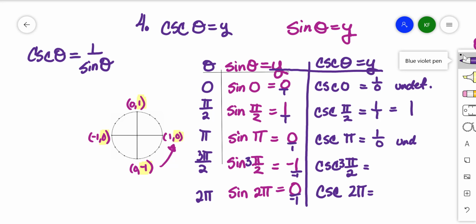This is undefined. This one is, oh, it should be 1 underneath, not -1. So this one's -1, which makes sense. So this would be 1 over -1. And then finally we get to cosecant of 2 pi, which again is 1 over 0. So it's undefined. So what I want you to notice is this time you have 1, 2, 3 asymptotes.